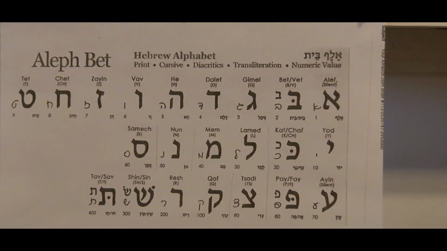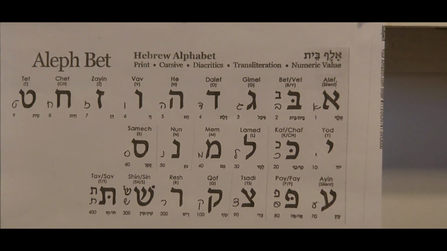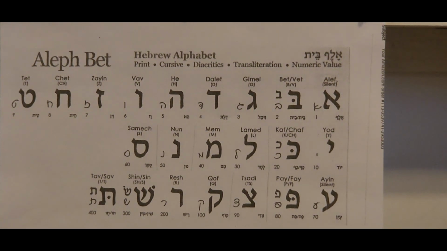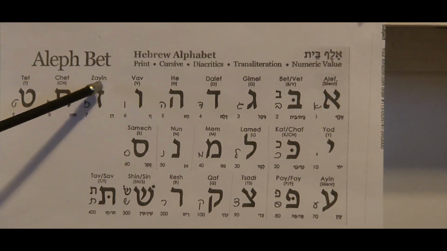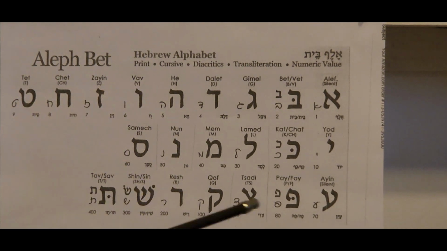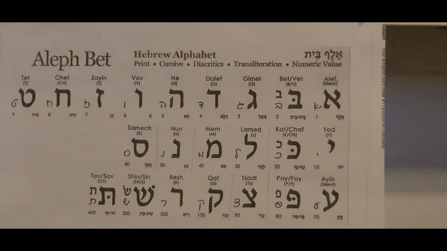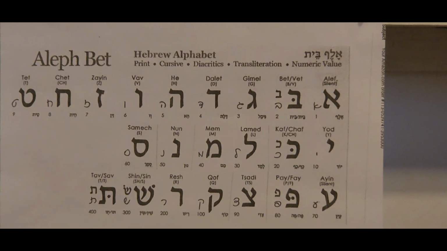You notice that each one almost fills a perfect square. There are a few exceptions, like the skinny letters, like Zayin, Vav, and Gimel. And of course, Yod is the smallest letter, and it's almost an apostrophe.